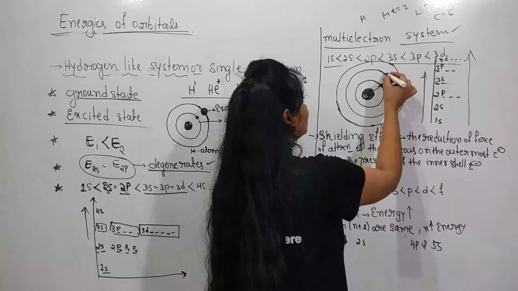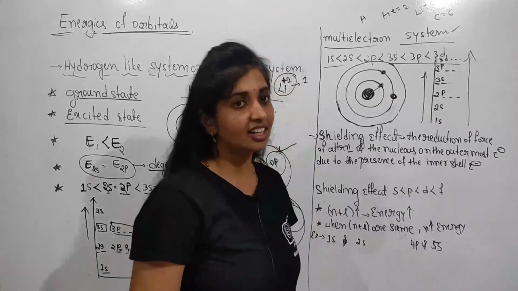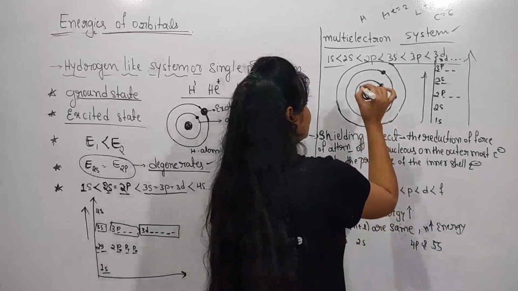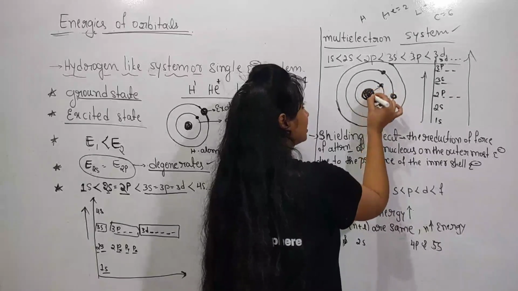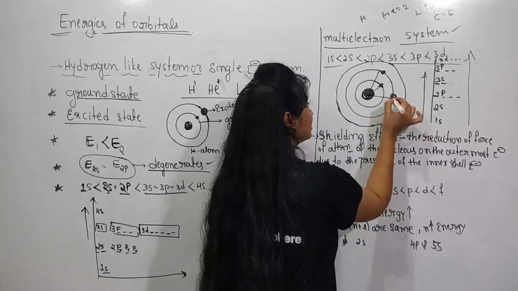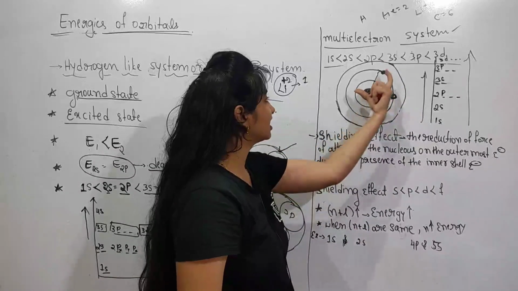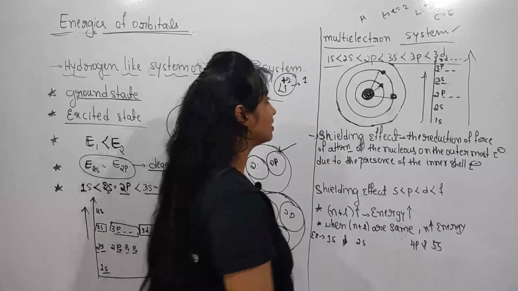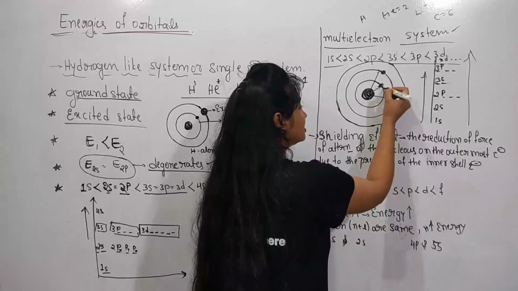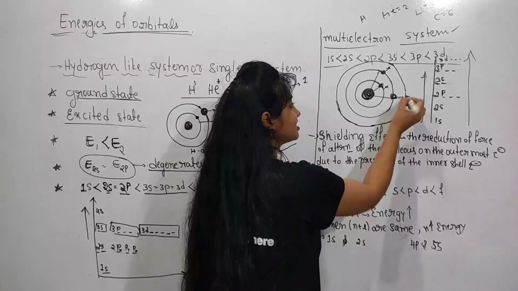If I enter two electrons here, then what happens? The nucleus energy is distributed to this electron and this electron also. These electrons also have an electrostatic force of attraction with the nucleus. And next, this electron has a negative charge and the other electrons also have negative charges.